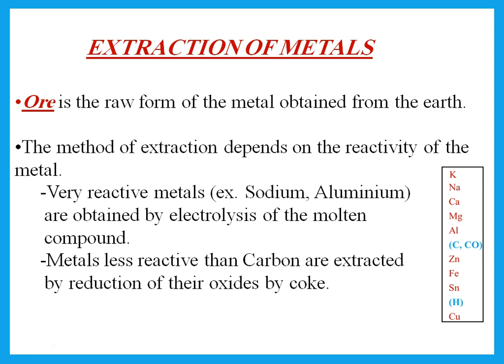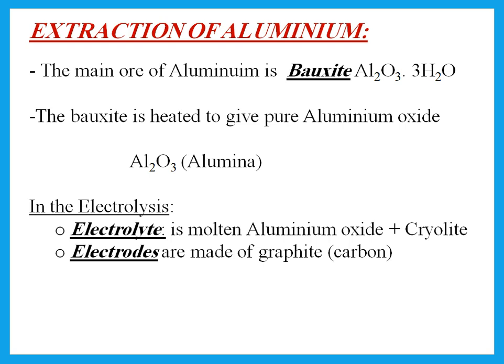But for less reactive metals, if a metal is less reactive than carbon, then I can extract it by reduction with carbon. So I put the oxide of the metal with carbon. That is reduction. We don't need to do electrolysis.